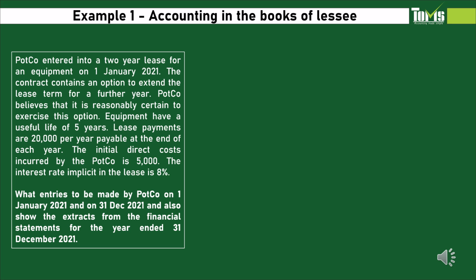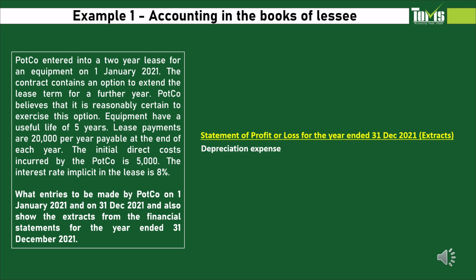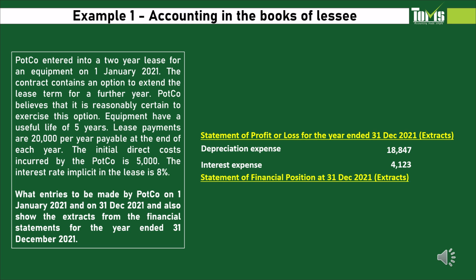Now, how will these entries appear in financial statements at the end of the year? First, in the statement of profit or loss, depreciation expense and interest expense will appear as expenses. Then, in the statement of financial position at the 31st of December, 2021, ROU asset will appear as an NCA at carrying value, that is, cost less accumulated depreciation, $37,695.